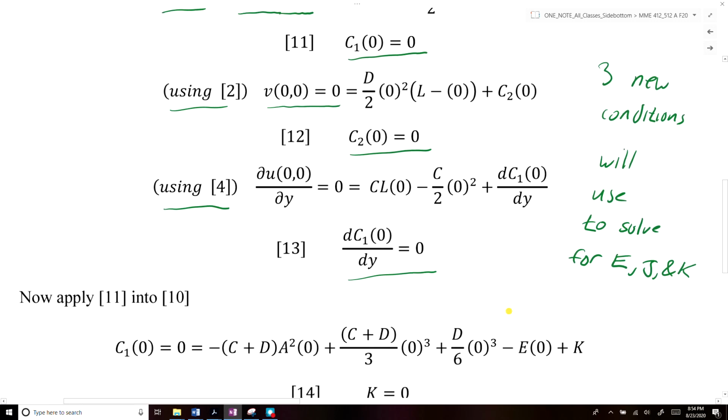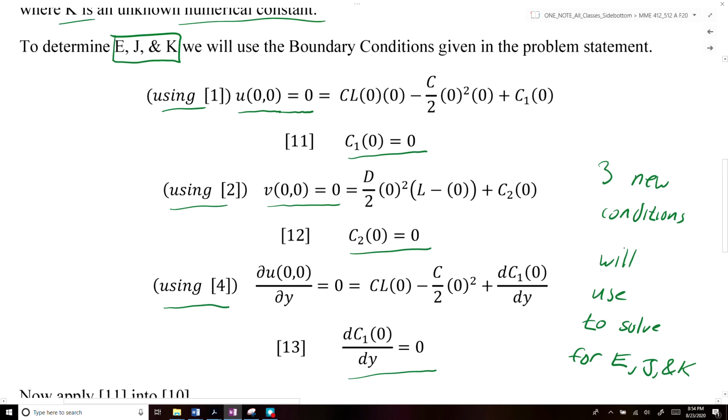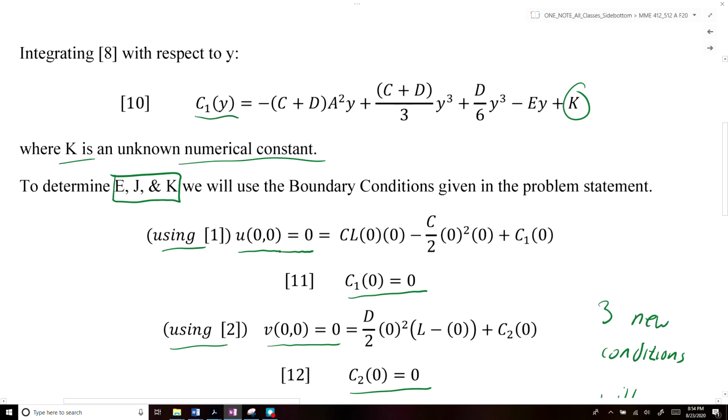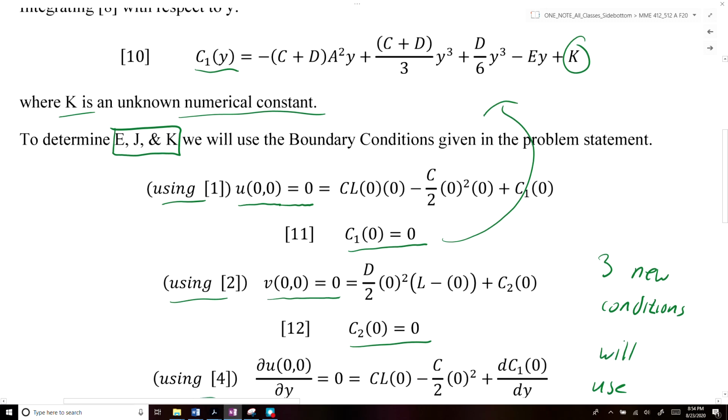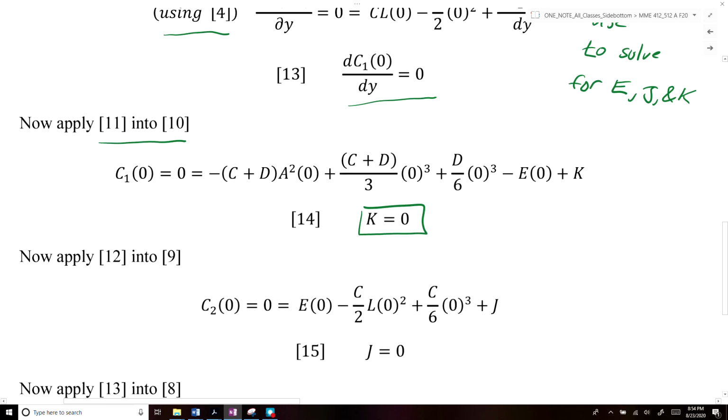All right, so we can solve, if we plug equation 11 into equation 10 here, we can solve for K. All right, so if we do that, we end up getting K is equal to 0. If we apply equation 12 into equation 9, so you can use our new boundary condition here, we can solve for J. What we end up getting is J is equal to 0.